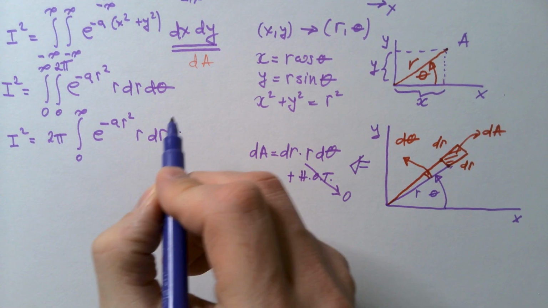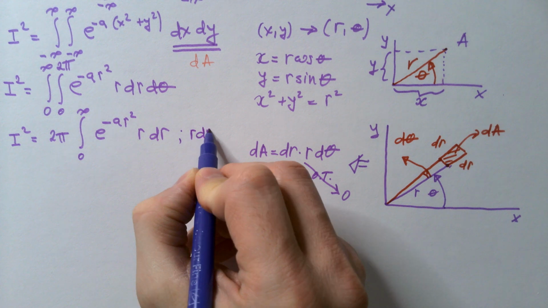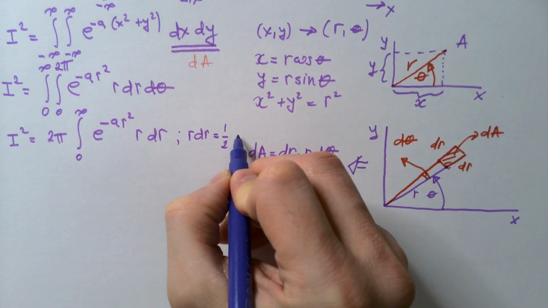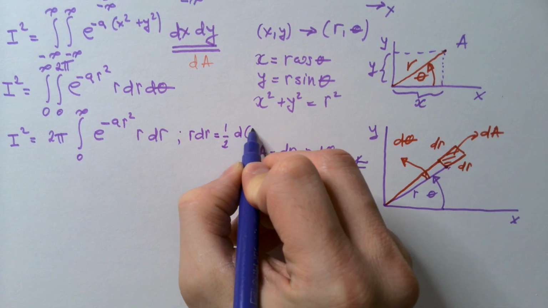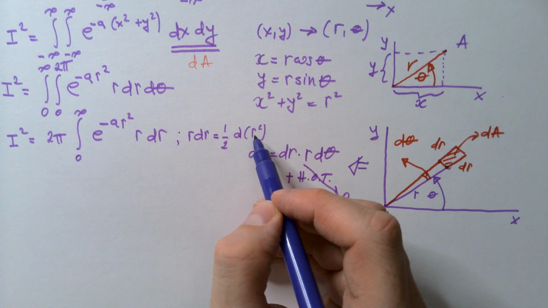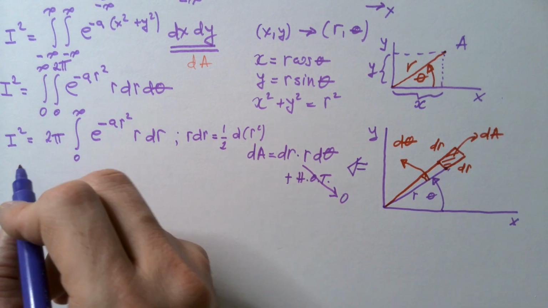To do that, we will recognize that this r dr can be written as 1 over 2 d, the differential of r squared. Look at this beauty. Because if you carry out this differentiation, you'll get this.